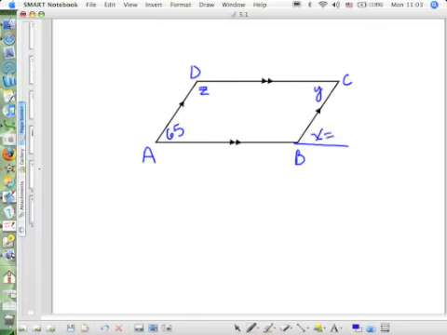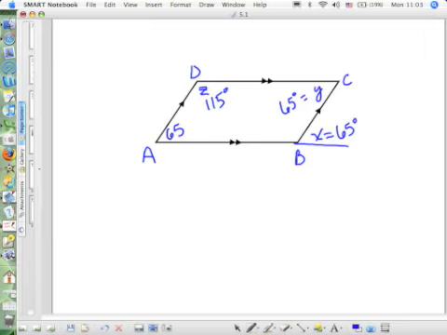So X is 65 degrees, and Y is also 65 degrees for 2 reasons. They're alternate interior angles and they're opposite angles of a parallelogram. So how do we find Z? 180 minus 65, which is 115 degrees. Very good.